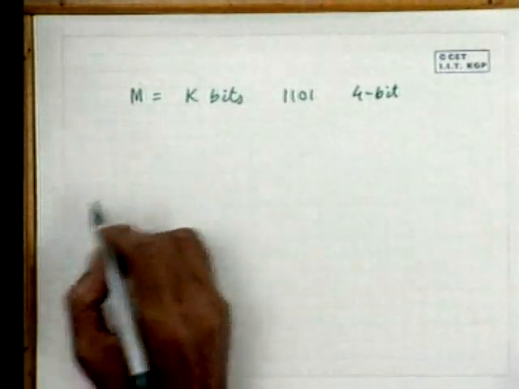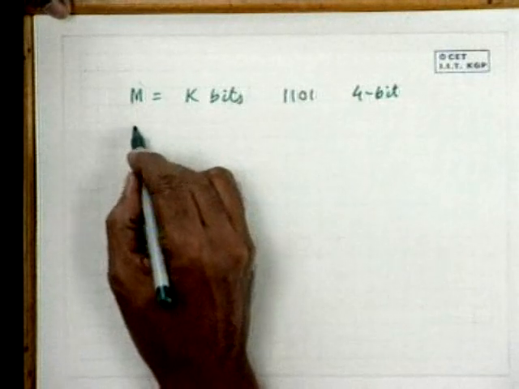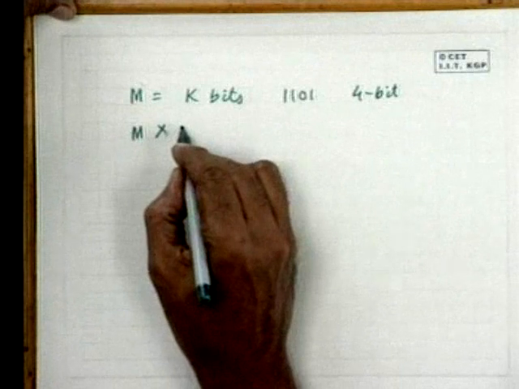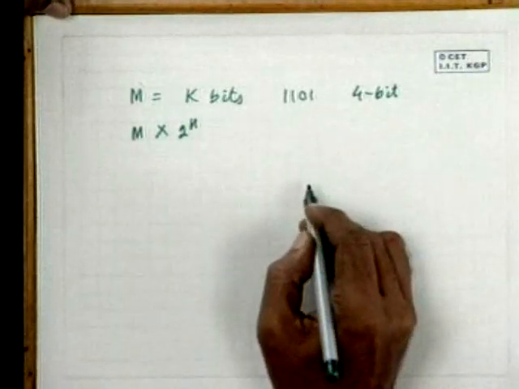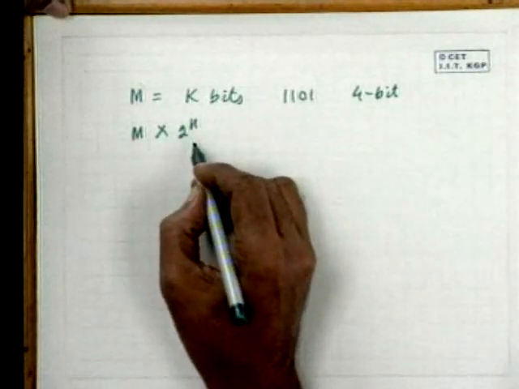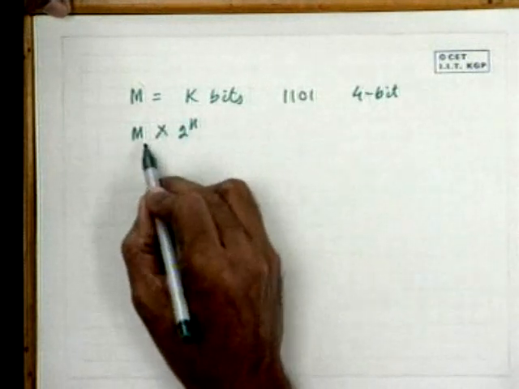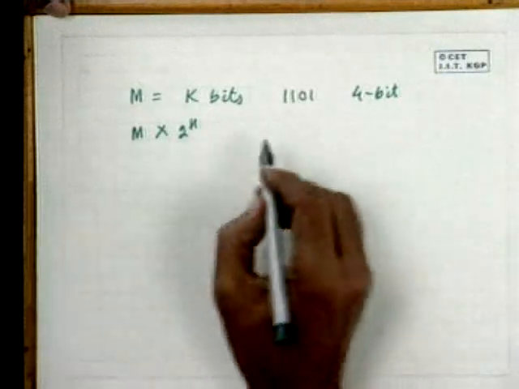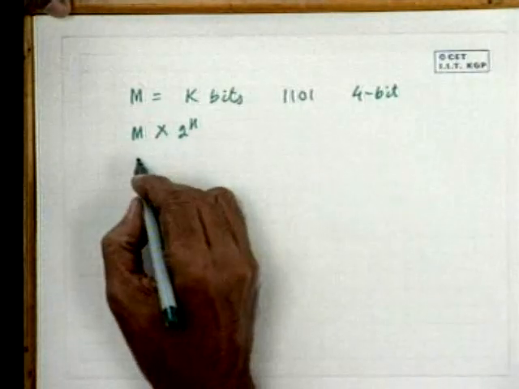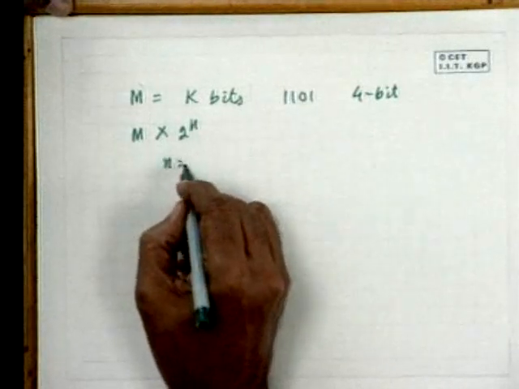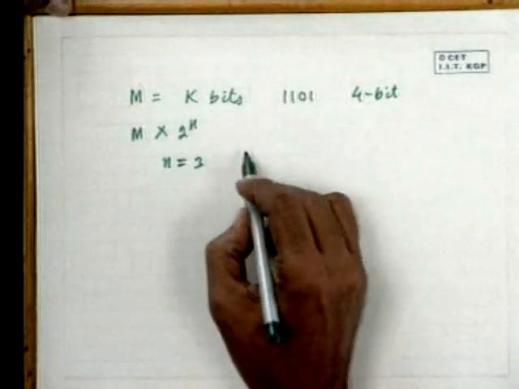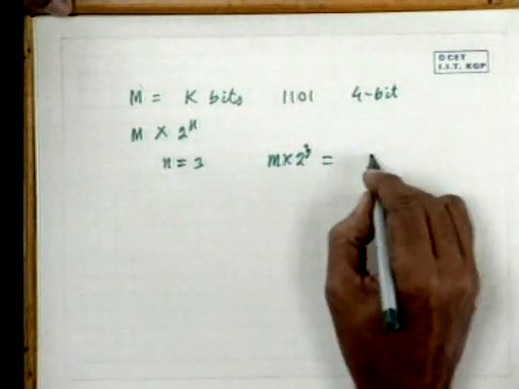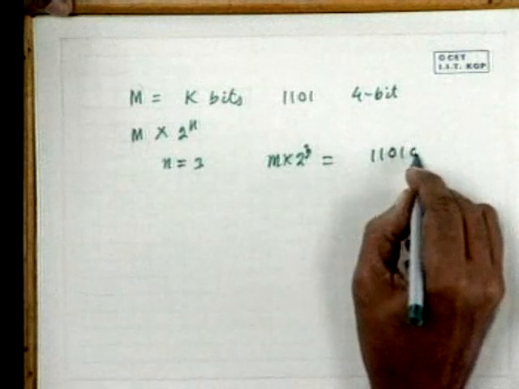And then you multiply M with 2 to the power n. The effect of this is to shift the M bits by n bits towards the left. Assuming that n is equal to 3, we get M into 2 to the power 3 is equal to 1101000.